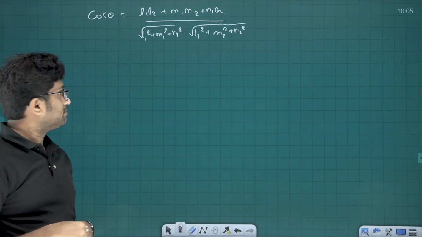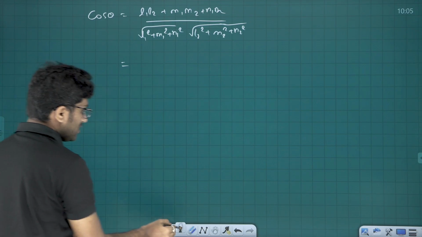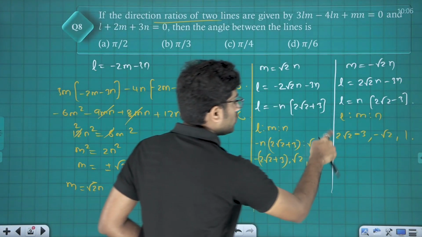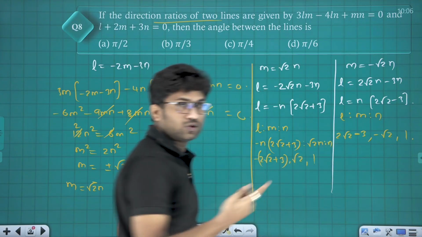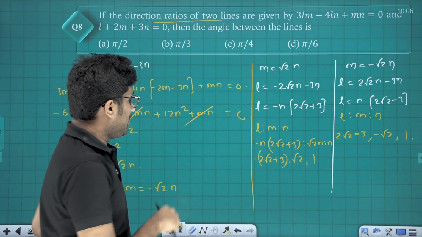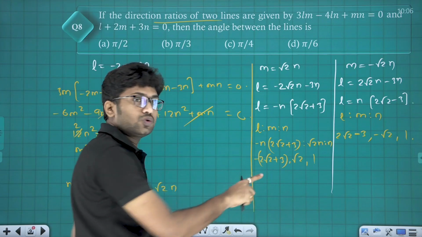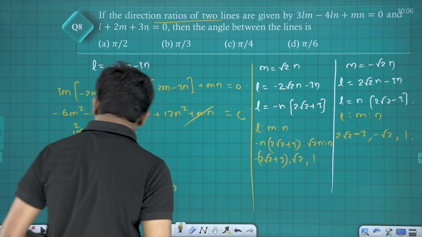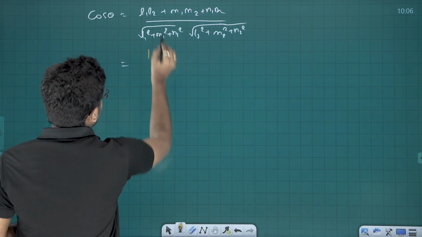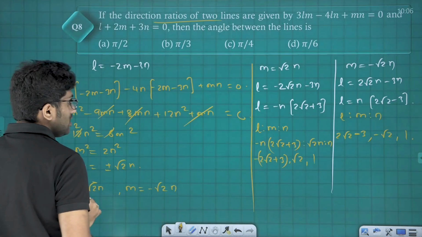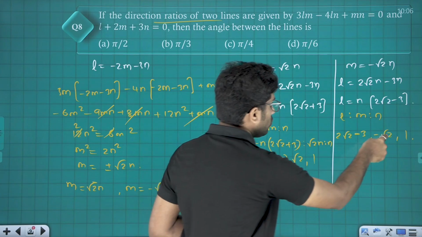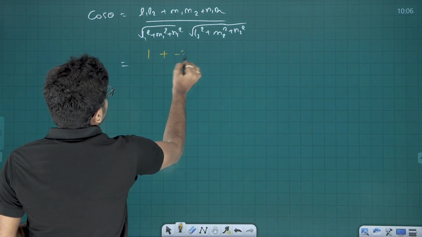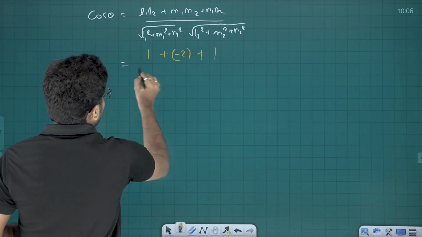So in this case, first find l1 l2 plus m1 m2 plus n1 n2. l1 l2 is, see, minus into plus, minus 2 root 2 plus 3 into 2 root 2 minus 3, a plus b into a minus b. A plus b into a minus b is a square minus b square. 2 root 2 whole square is 8 minus 9, which is minus 1. Minus 1 into minus, so that is plus 1, friends. l1 into l2 is plus 1, plus m1 into m2. m1 into m2 is root 2 into minus root 2, that is minus 2. Plus 1 into 1, divided by something.